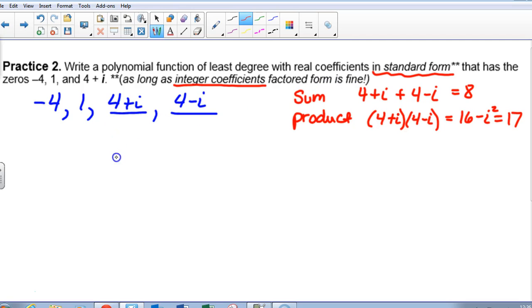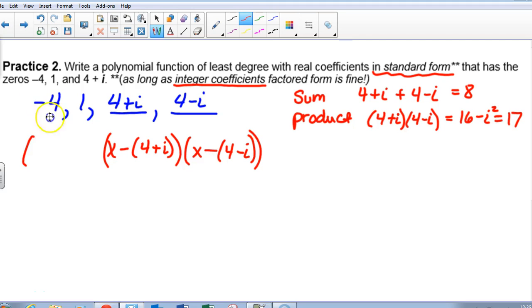Okay, so can anybody tell me, this would be the linear factor, x minus 4 plus i. X minus 4 minus i. X minus negative 4 and x minus 1. Okay. You can leave these two because they have integer factors.